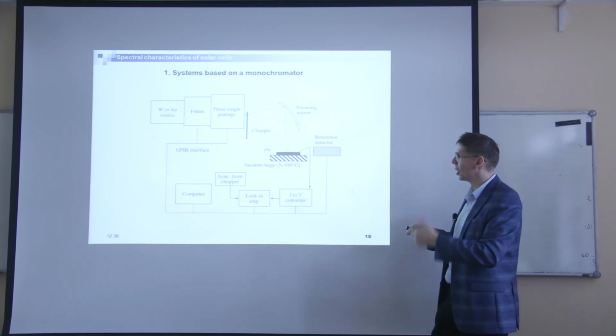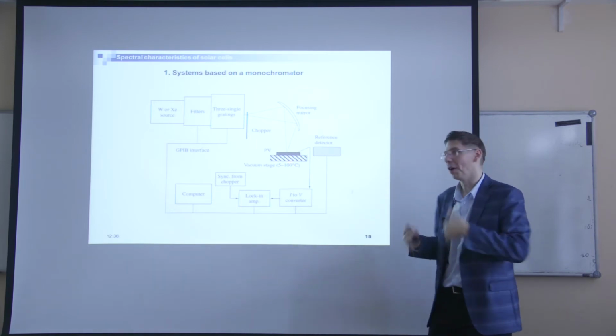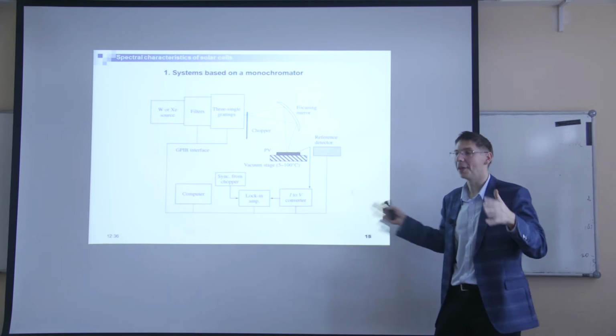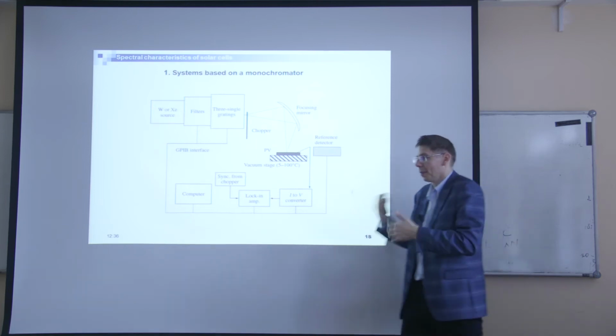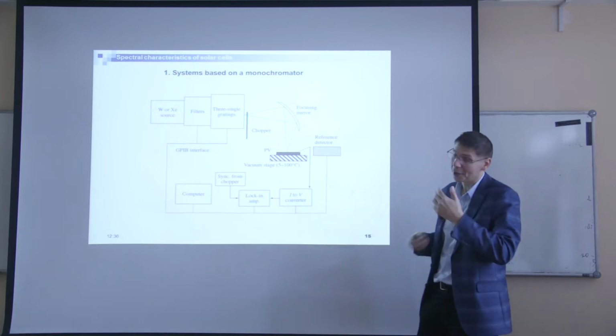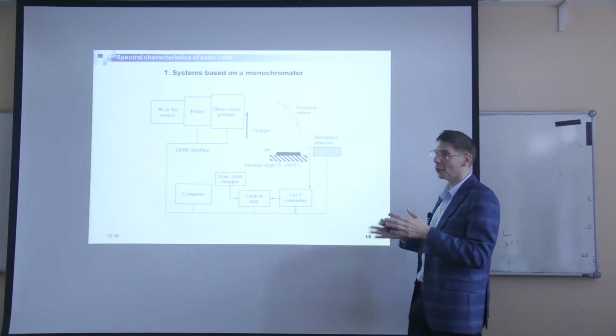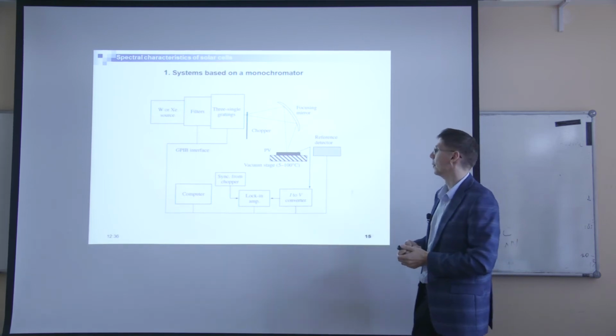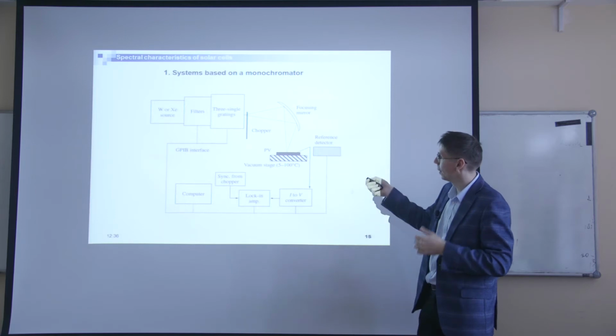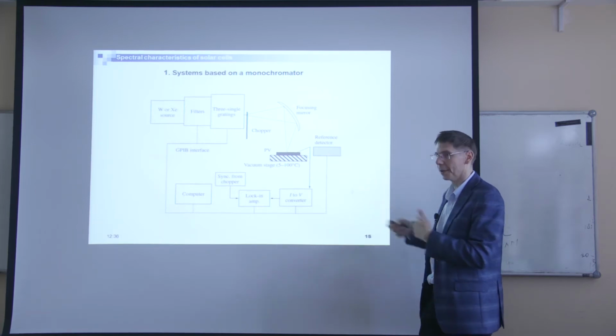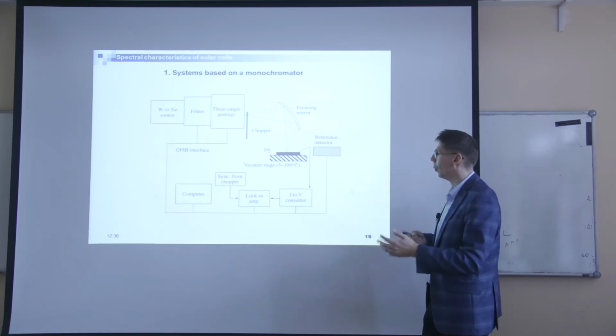It's better to check if you perform, for example, 3 or 5 measurements. It depends on the time of the measurement. I mean, the time depends on the speed of the monochromator and on the step you use. It's better to check the intensity again.